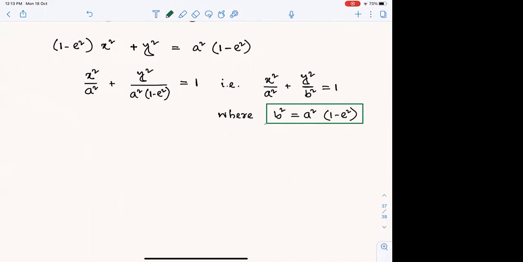So one possible representation is e square is equal to 1 minus b square by a square, right? So once we know this a and b measurement, this can be a way of representing eccentricity also.